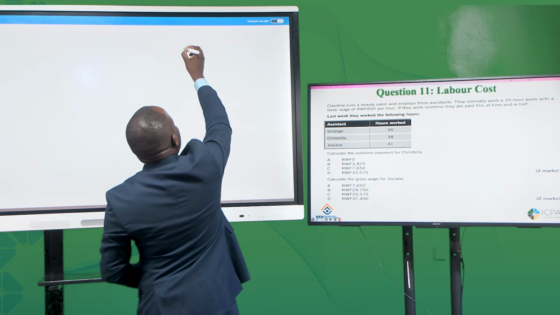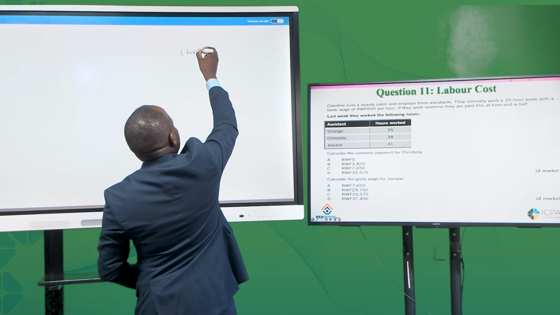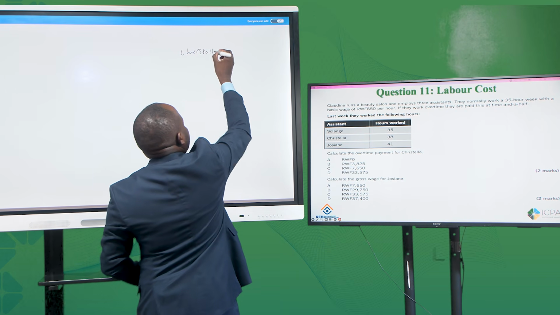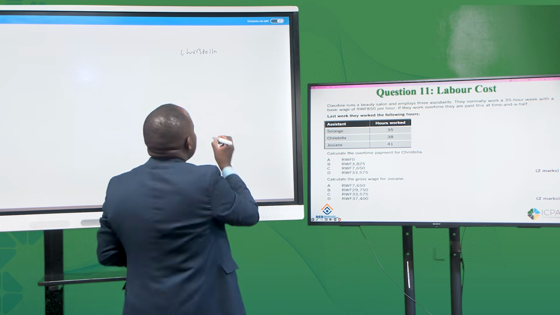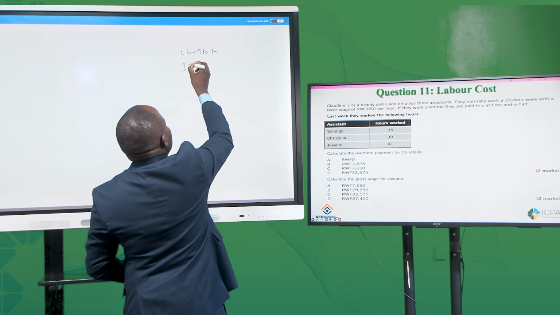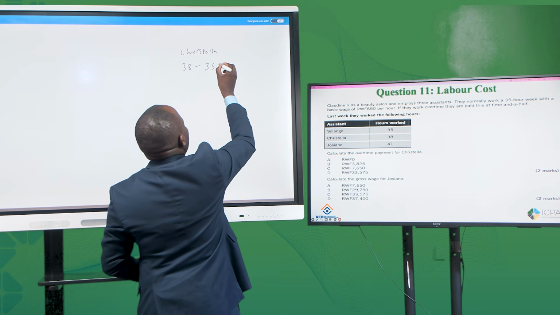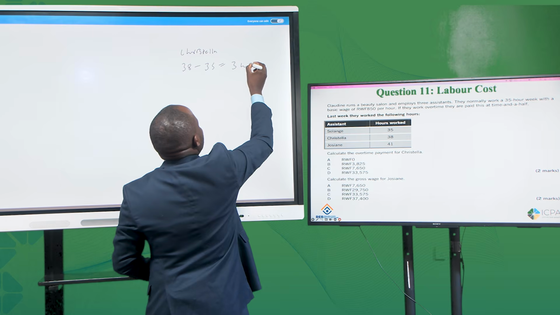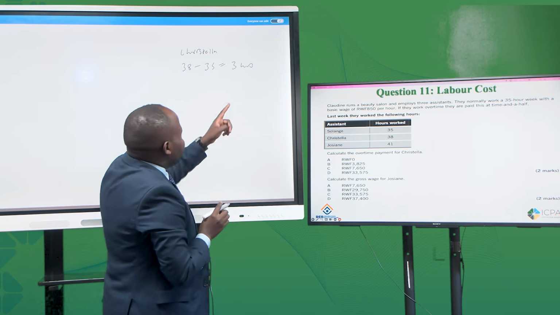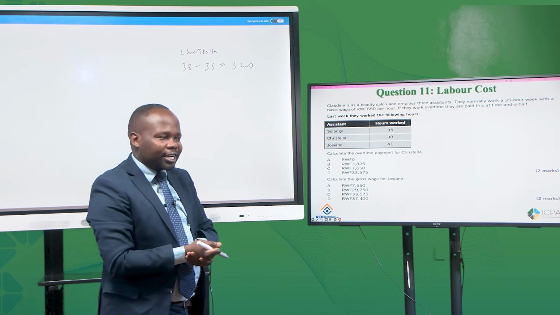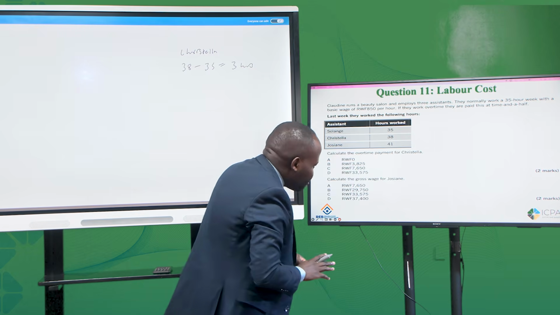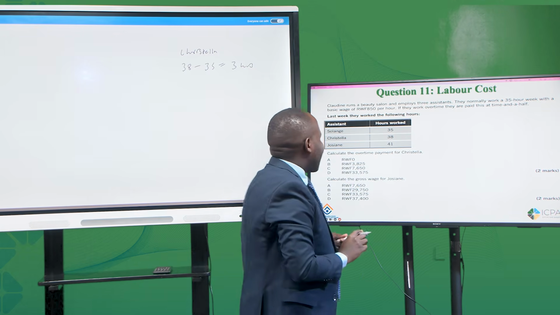So for Christella, you take 38 minus the basic hours is 35. That leaves you with 3 hours. Now the 3 hours is the overtime. Now the overtime rate was on a time and a half.